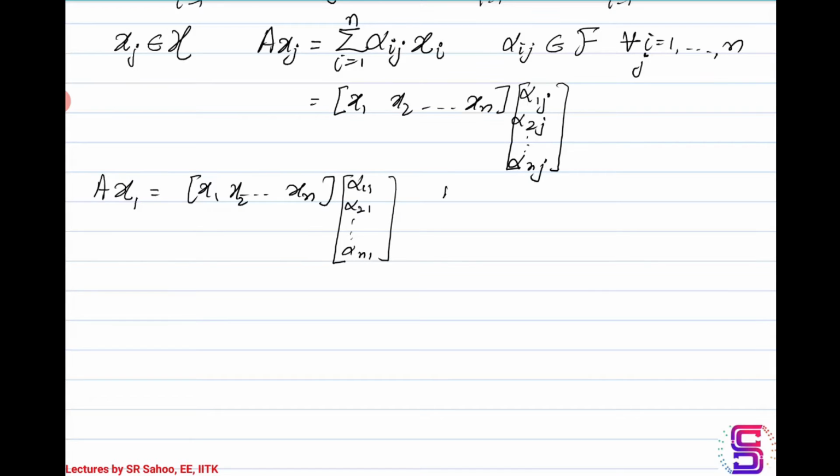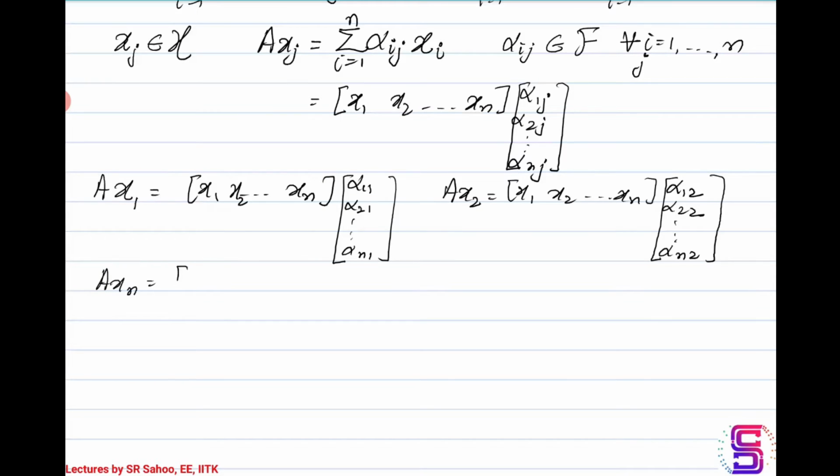Similarly for A x2, you will have x1 x2 till xn multiplied by alpha 12, alpha 22, till alpha n2. And if you keep on doing so, A xn is nothing but x1 x2 till xn multiplied by alpha 1n, alpha 2n, till alpha nn.